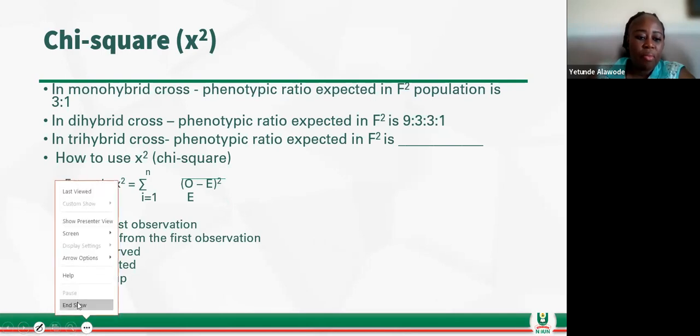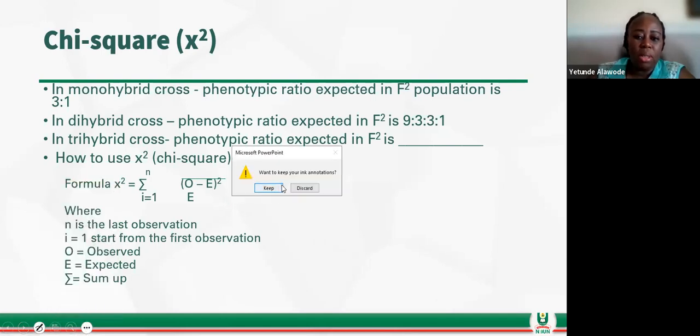So we'll be talking about chi-square, and there's a formula for chi-square.